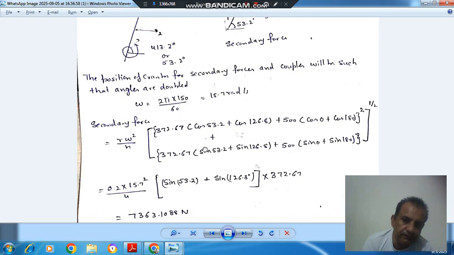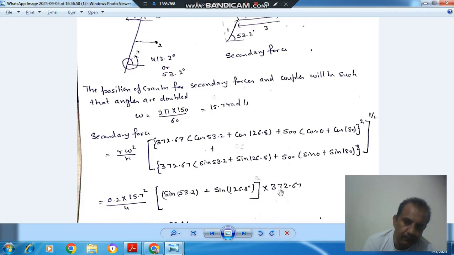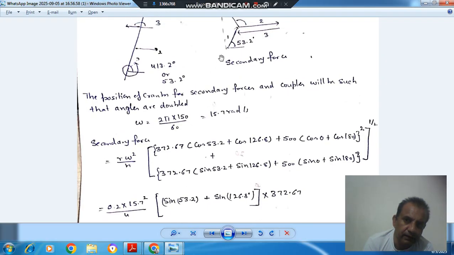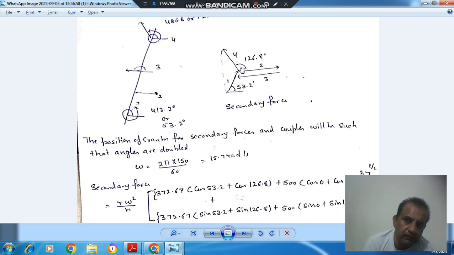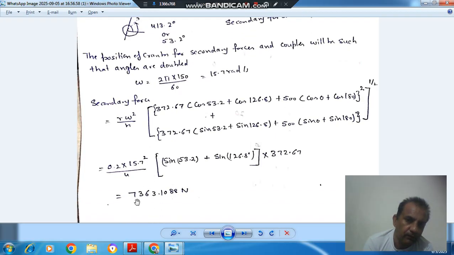So M1 is 372.67, R1 is 0.2, and this angle is 53.2 degrees. Its vertical component is sine, and the vertical component of the other is also sine 126 degrees. So this will give the answer, that is 7363.1088.